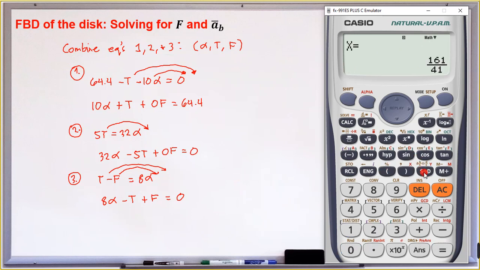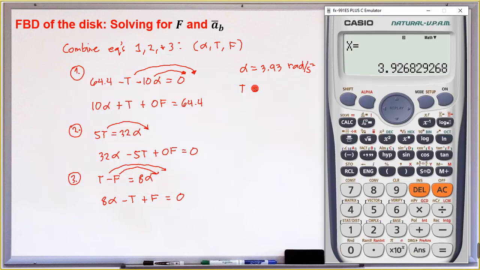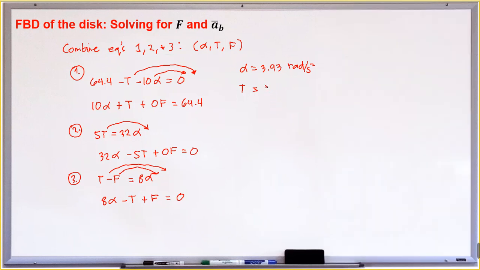So here is the result. For the angular acceleration, we have alpha equals 3.93 rad per second squared. The tension of the rope is 25.13 pounds.